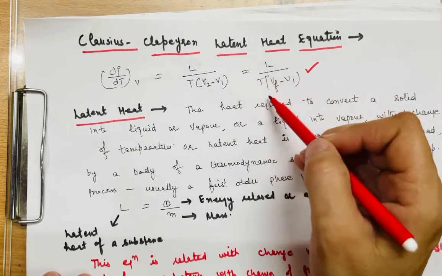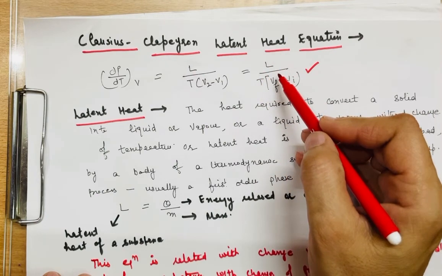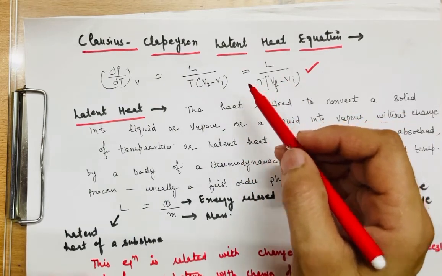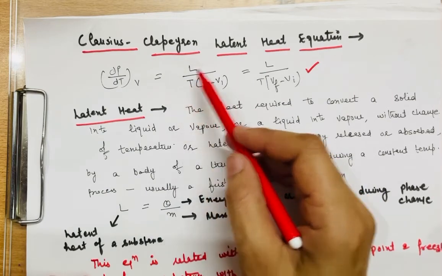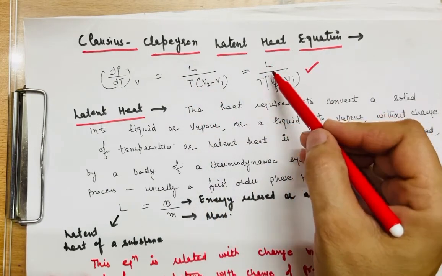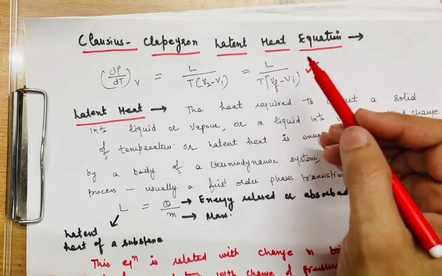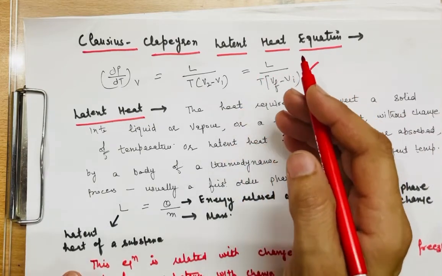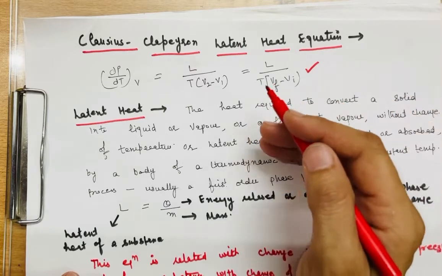Now the question arises in the student's mind: what is this latent heat? I have told you that this topic is also called change of state. So L is the latent heat, for change of phase or change of state. When there is a change of state of a substance from solid to liquid and liquid to vapor, then heat is supplied.